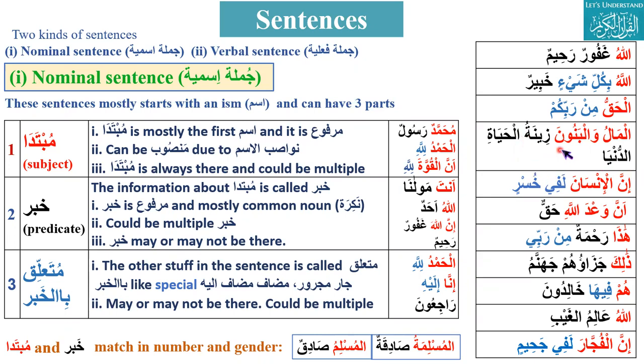Okay. Here, al malu wal banuna, you put here an and. Why? Because of yesterday's lesson, there is no relation between banuna and zinata. So al malu wal banuna. What is the relation between zinatul and al hayati? Mudaf ilayh. And what's the relation of al hayati and dunya?